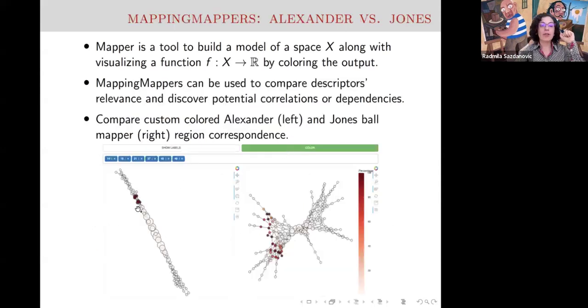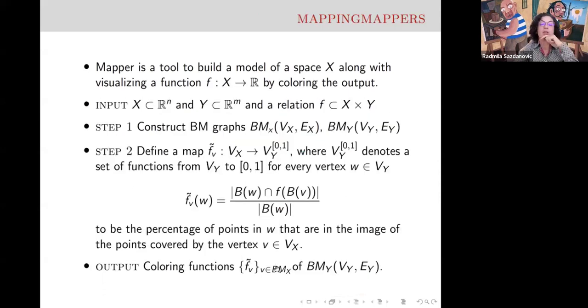So again, going back here, I chose certain clusters on the left. This is my X. And for each choice, I'm going to get a coloring function on the ball mapper of Y. So how do we color? We say each cluster in the ball mapper of Y will be colored depending on how many points from the chosen cluster in X are being mapped to that particular one, and then scaled by the size of the cluster.